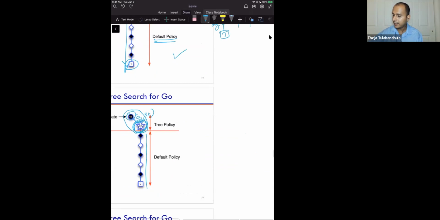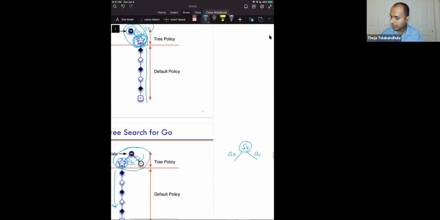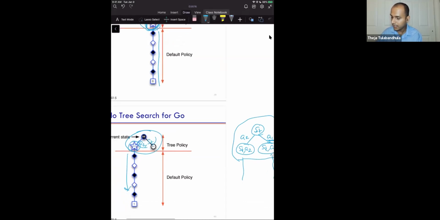The next slide, let's explore action A1, and include ST and A1 into our tree partition. Similarly, we'll include action A2 and ST into our tree partition. So we have done 3 rollouts so far, right? So you can see 3 in the denominator there.